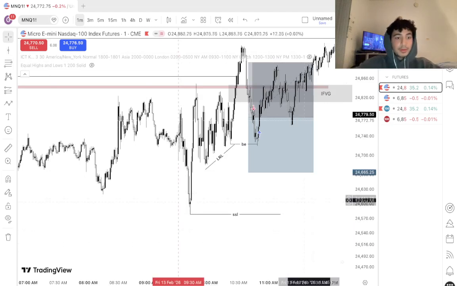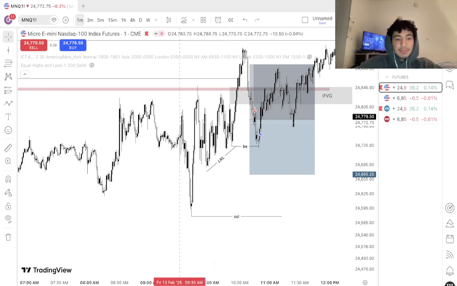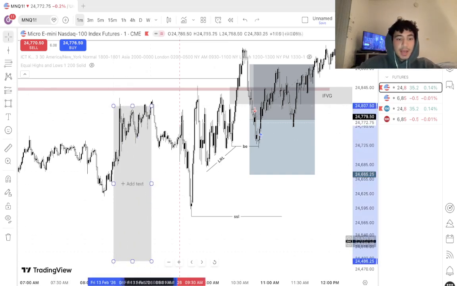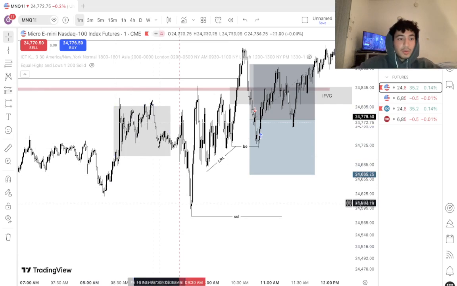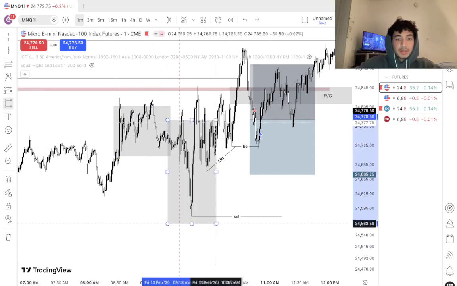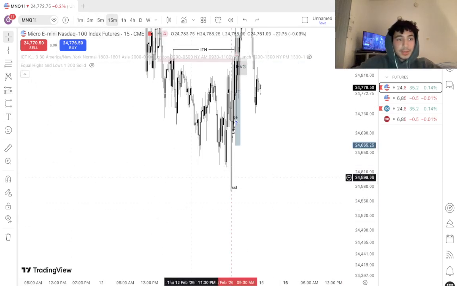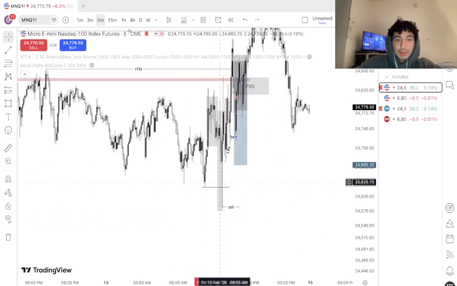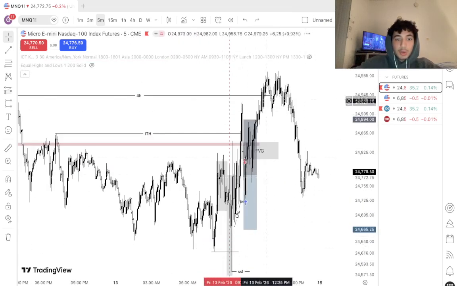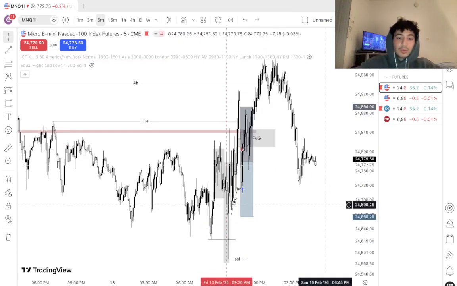This was market open. We have an AMD: this accumulation, then a manipulation seeking out these lows over here, and then it distributes higher to the drawn liquidity, this 4 hour, to then keep going lower.